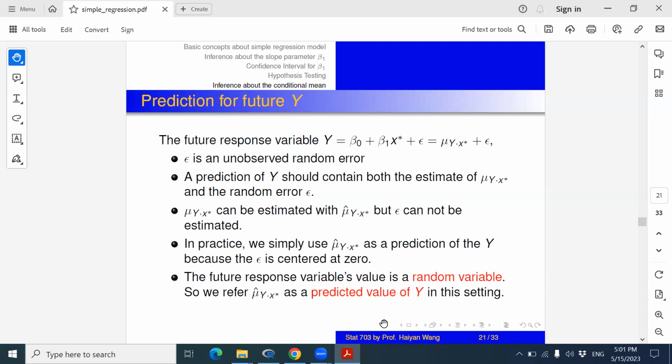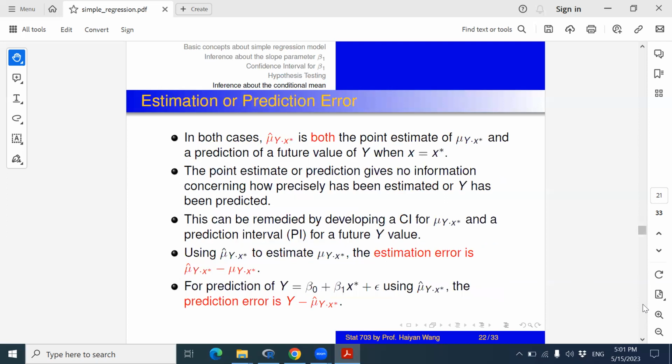The difference is in their errors. What do I mean by errors being different? When we do the estimation, the error is simply the mu hat, which is what we used, minus the true mean. The true mean is mu of y given x star. This difference gives us the estimation error.